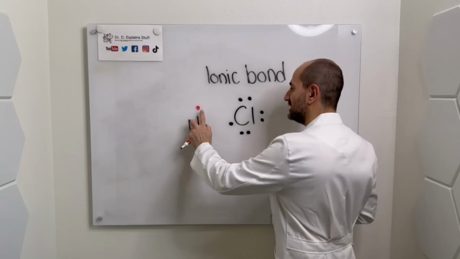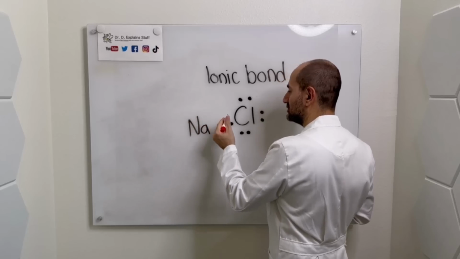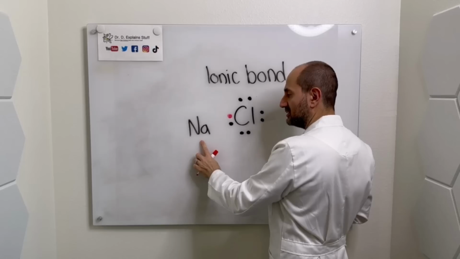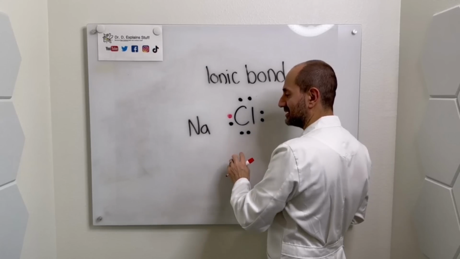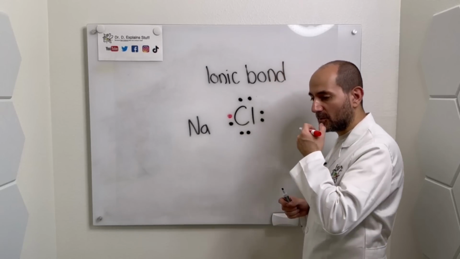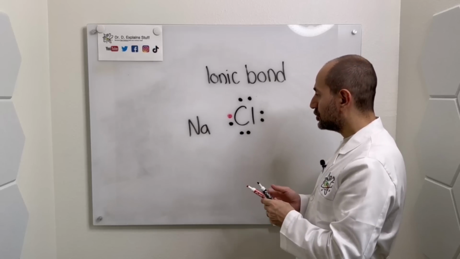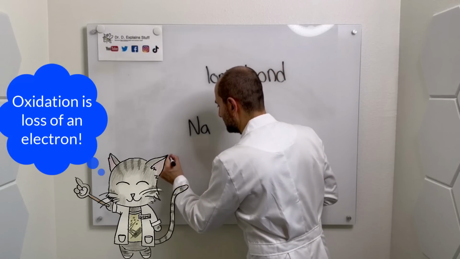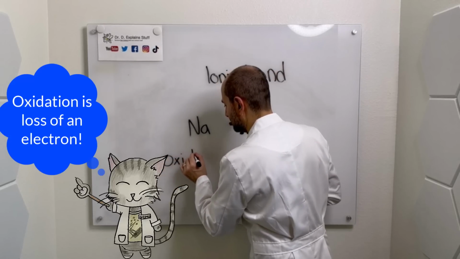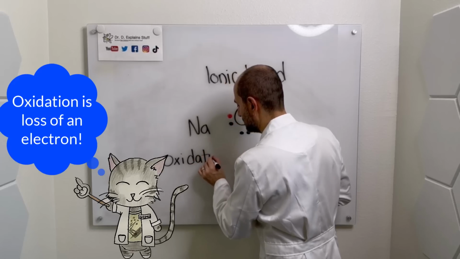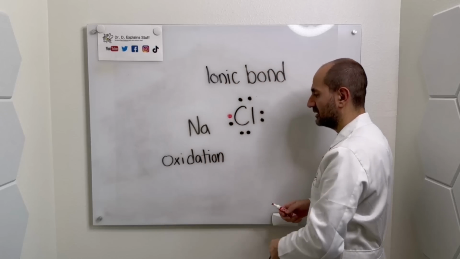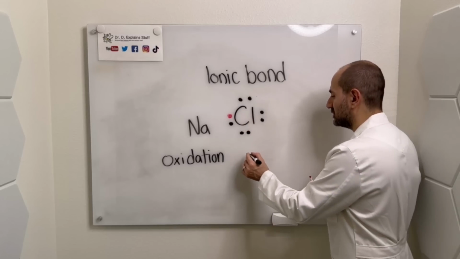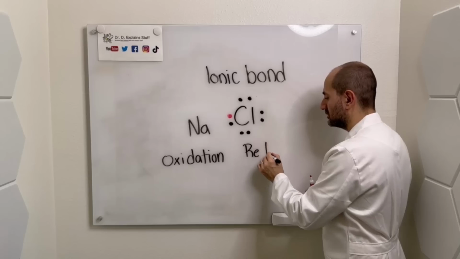No. Sodium lost its electron to chlorine. So sodium lost its electron, chlorine gained an electron. The term for losing an electron is called oxidation. The term for gaining an electron is called reduction.